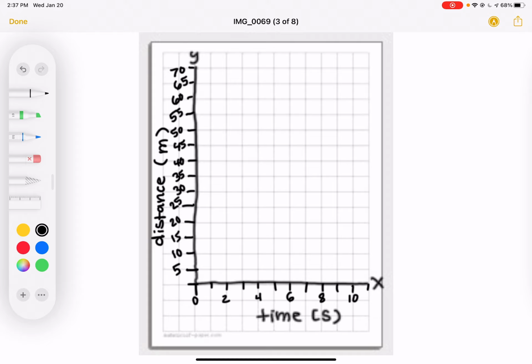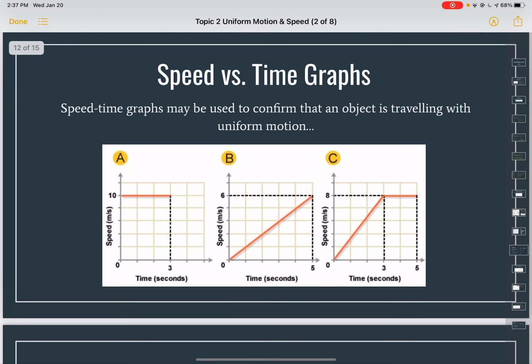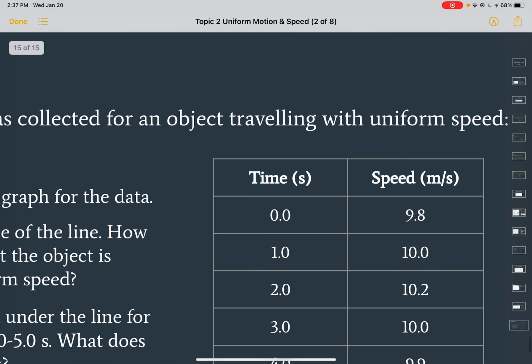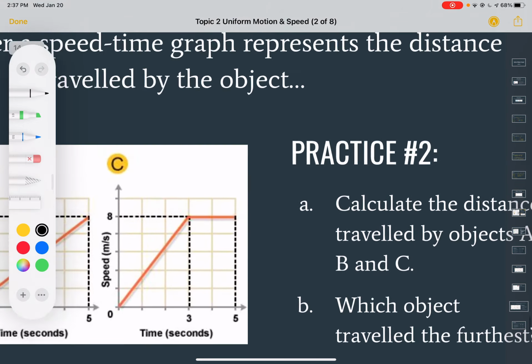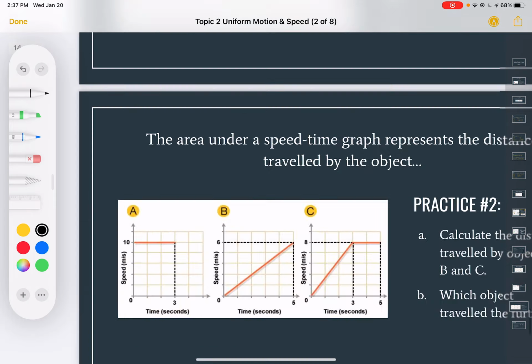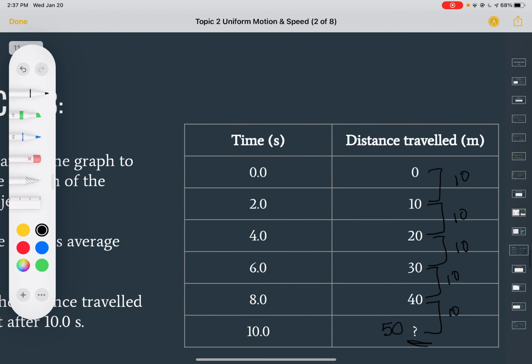Going back to our data, you're going to find the space on the x-axis and the y-axis.